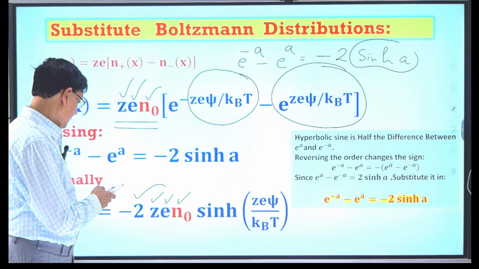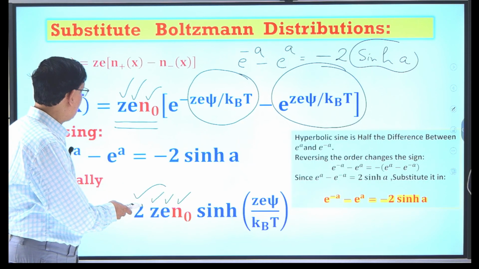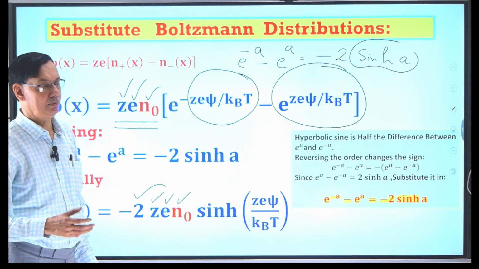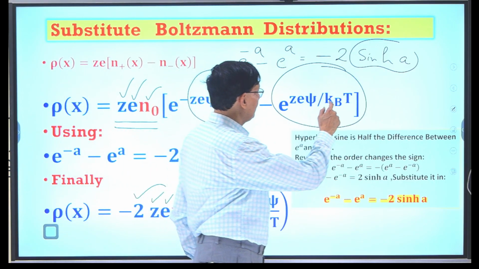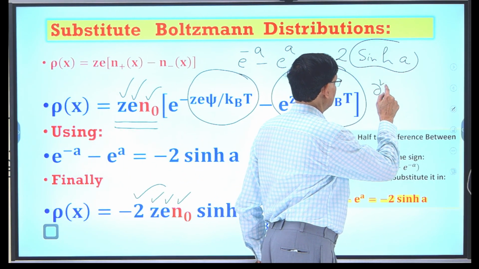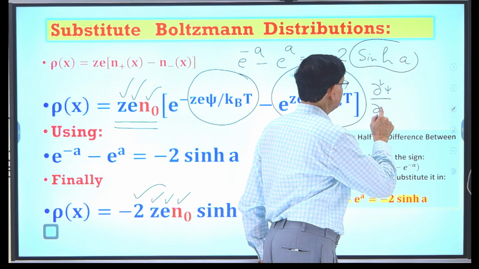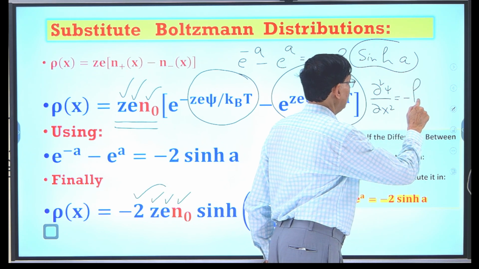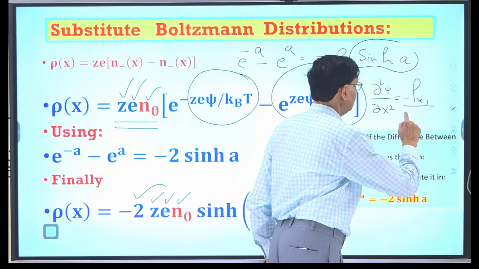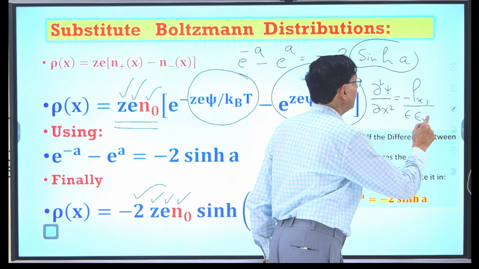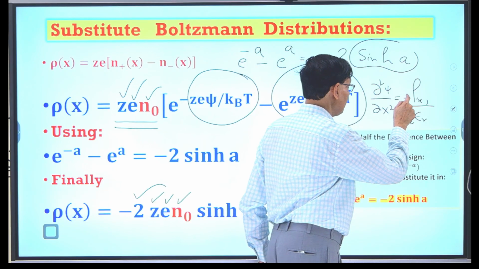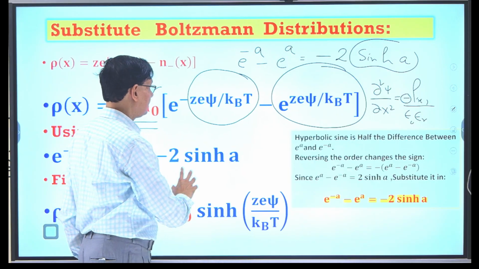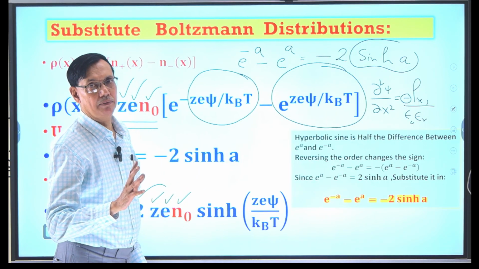अब इस वैल्यू को हमको कहां पे सब्स्टिट्यूट करना है? हमको पॉइजन इक्वेशन में सब्स्टिट्यूट करना है. फिर से समझ लीजिए पॉइजन इक्वेशन में, फिर से आपको बार बार एक ही चीज को बता रहा हूं. ये del square psi by dx square minus rho x by epsilon 0 epsilon r. अब यहां पे भी माइनस है, यहां पे भी माइनस है, तो इसलिए माइनस माइनस कैंसिल हो गया, प्लस हो जाएगा.